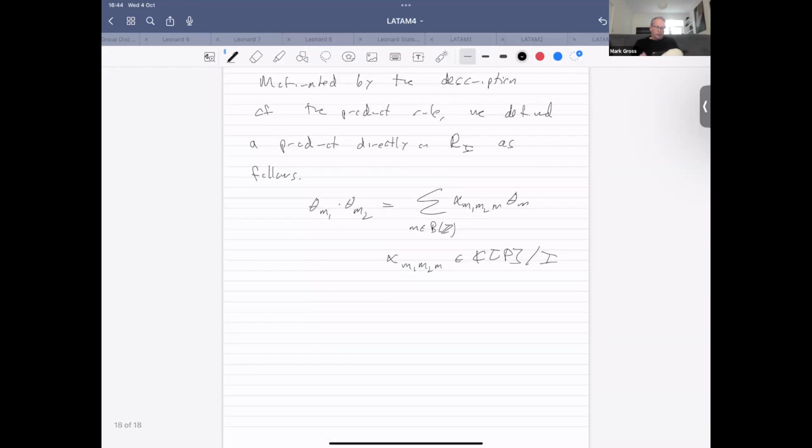Okay, I haven't done anything different. Let me expand this out. This is some polynomial in monomials with exponents lying in P. I can write alpha m1, m2, m as being, I will use the notation, the summation over A in P of some number N A m1, m2, m times t to the A. A is a curve class.